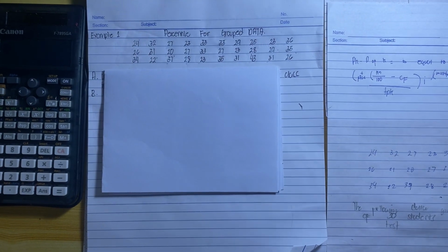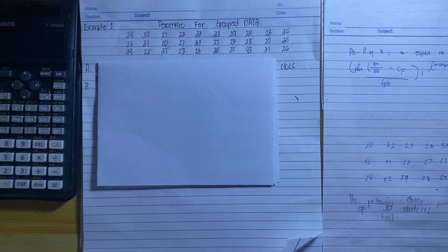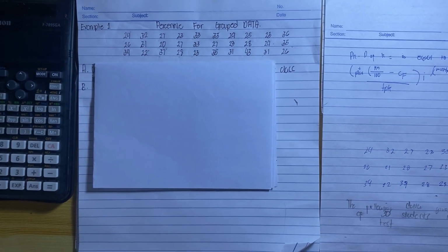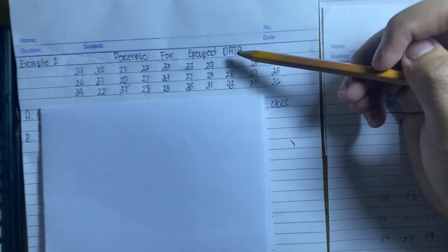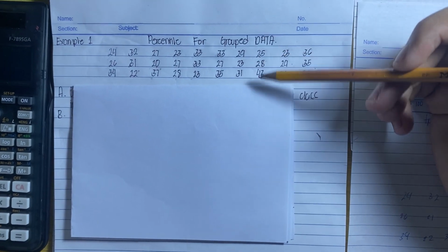Hi everyone, regarding our presentation, which is example number 1: the following data give the scores of 30 students in a math test. So, these are the given scores of 30 students in the math test.